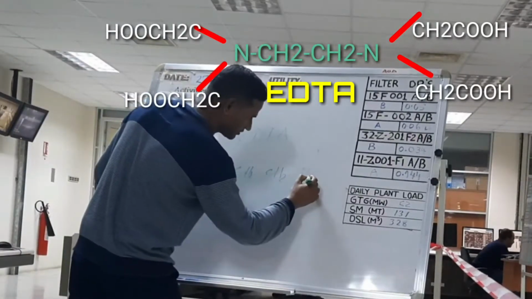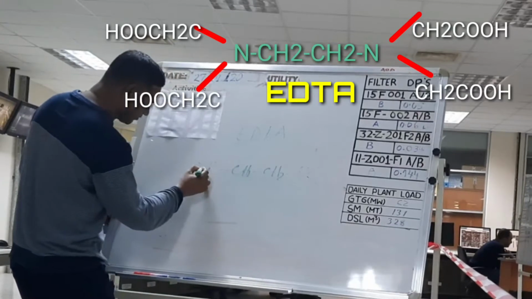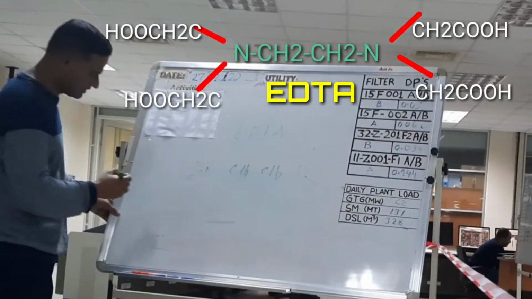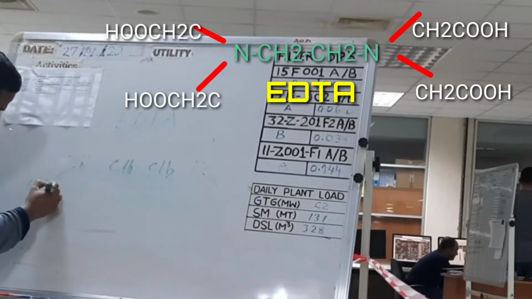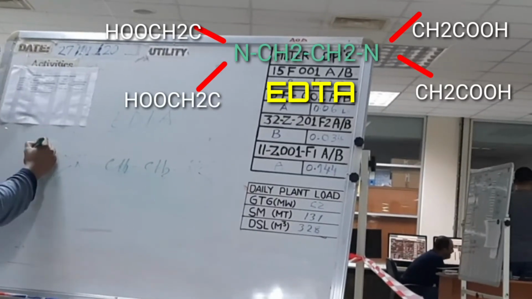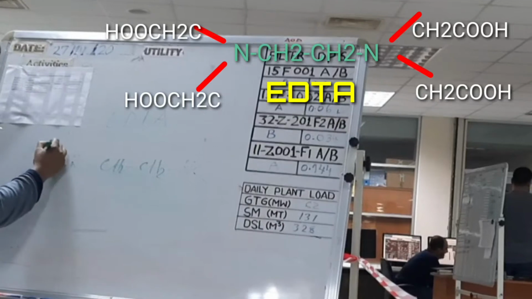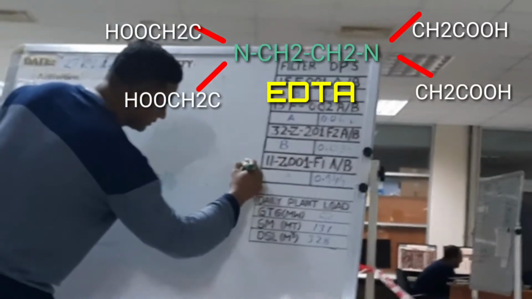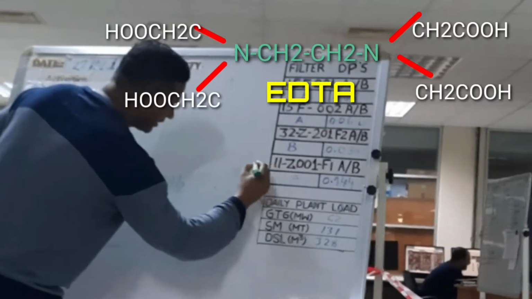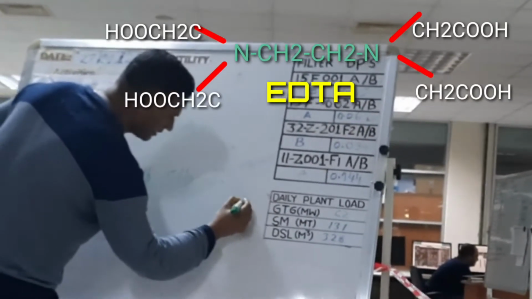So both nitrogens will take 4 acetic acid groups: CH2 COOH, CH2 CH2 COOH, CH2.